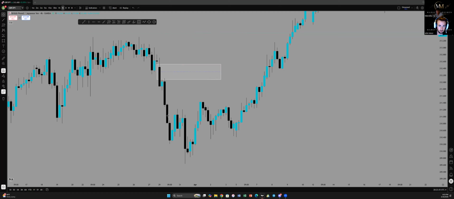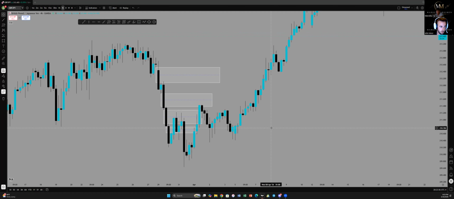So you have bullish fair value gaps, you have bearish fair value gaps, and whether they're bearish or bullish, they're formed and generated in the same three candle sequence. But you can find them all throughout the market on any futures, Forex, indices, stocks. You can find them on any kind of candlestick chart.